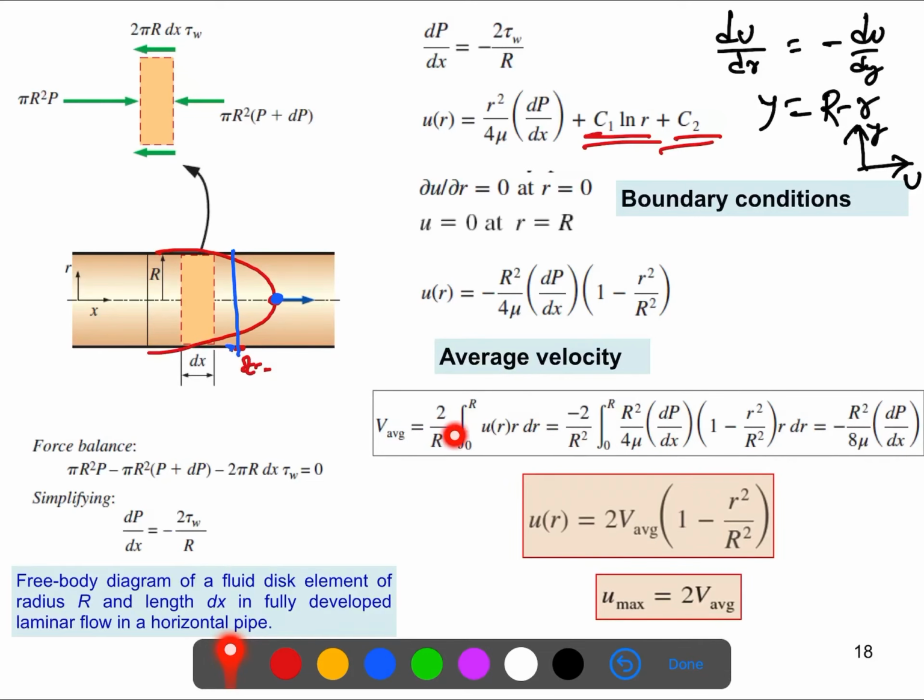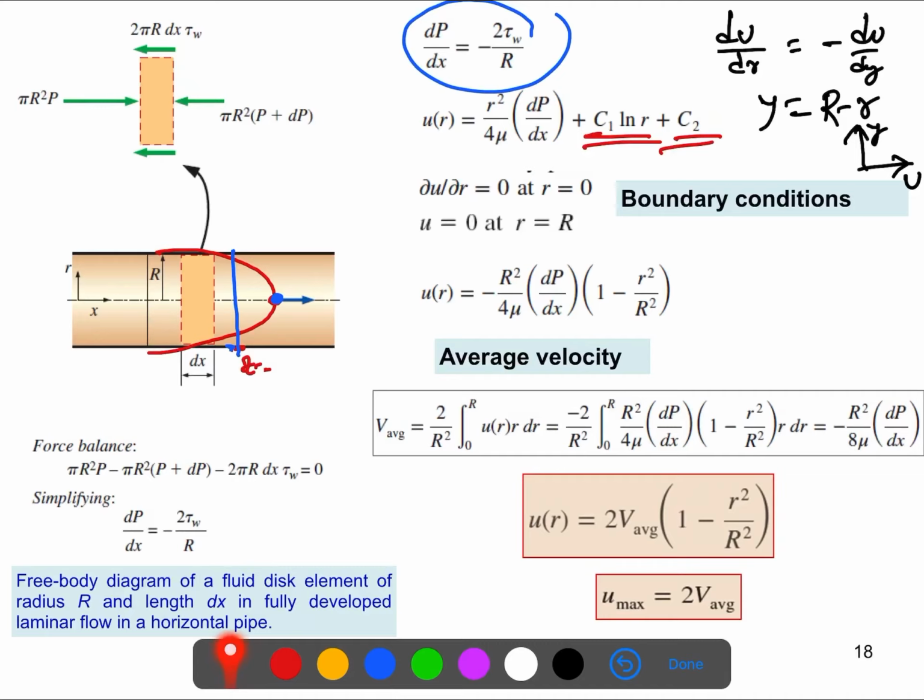If we substitute the value of u(r) here and simplify, after all the calculations we'll get this. And then dp/dx, we know this value, we previously calculated it here.